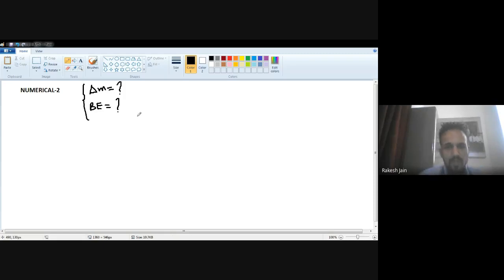What is given? We have to calculate this for lithium, and we know that the lithium atomic number is 3 and its mass number is 7. So I write lithium as 3Li7. It is also given the mass of the proton, the mass of the neutron, and the mass of the nucleus.